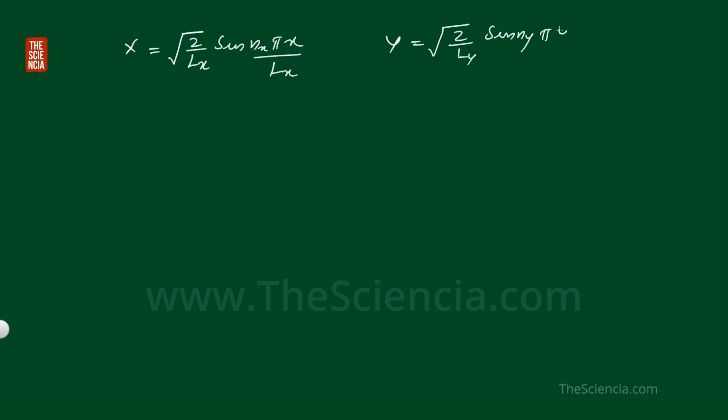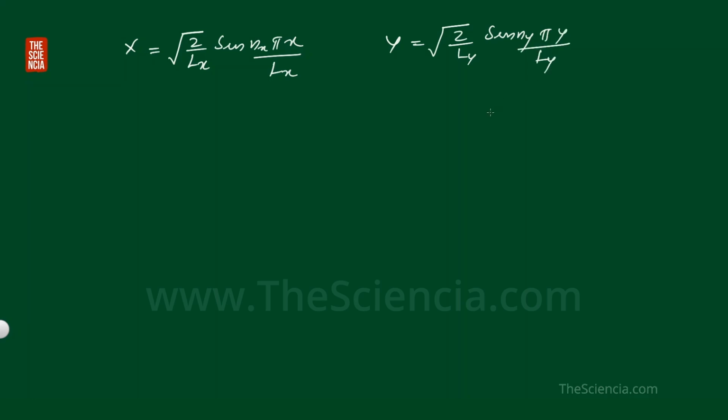So by substituting all the boundary conditions, finally you will get the answer, that is, X equal to root 2 by Lx sin nx pi x by Lx, and Y is equal to root 2 by Ly sin ny pi y by Ly.